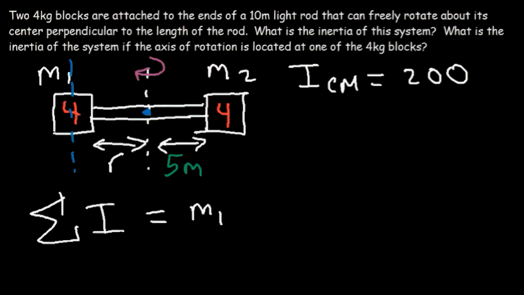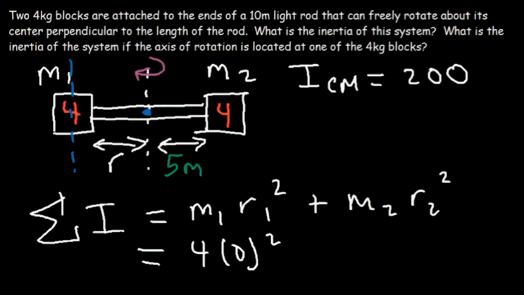So it's going to be m1 times r1 squared plus m2 times r2 squared. So the first mass, the 4 kilogram block, is located directly at the axis of rotation, so the r value is 0. Now the second 4 kilogram block, notice that it's 10 meters away from the axis of rotation.